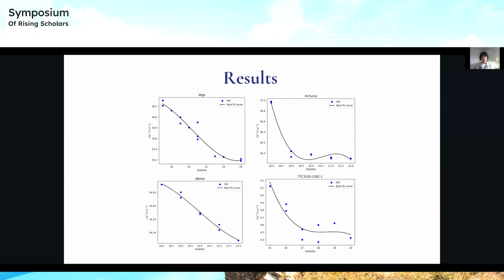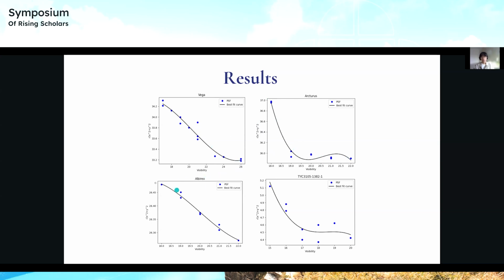However, an interesting trend that I noticed was this little diminishing return, this little flattening off of the curve at around 22 miles for both Arcturus and Vega. So as the atmosphere continues to improve, the point spread function starts improving less. It starts decreasing less. So this is a very interesting trend that I found.